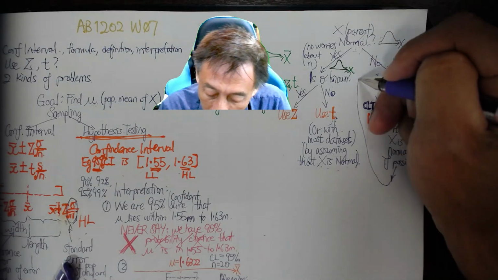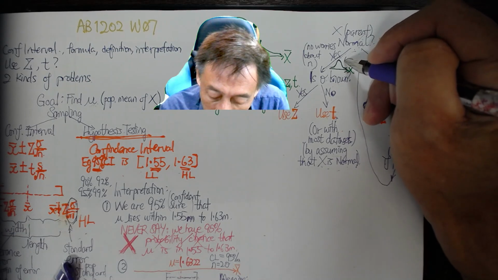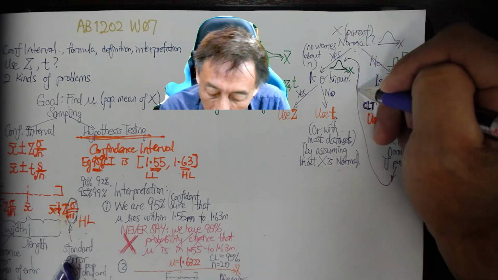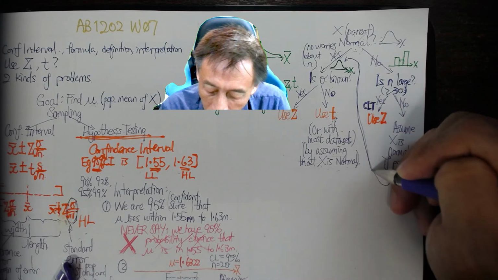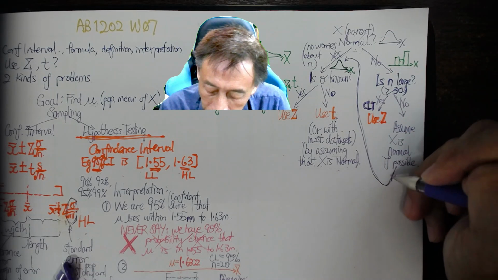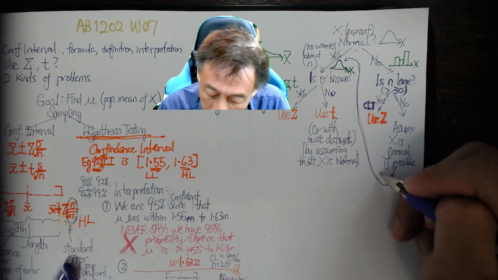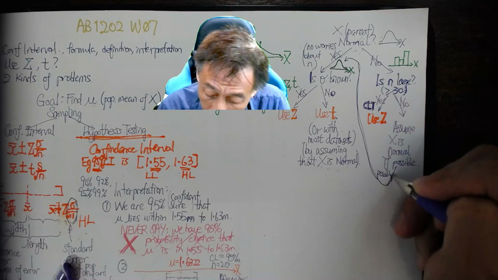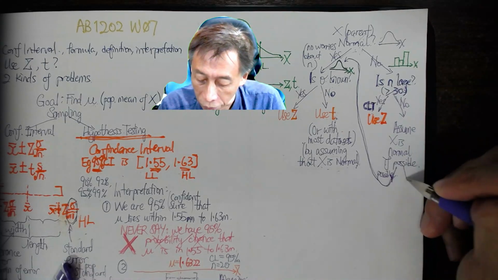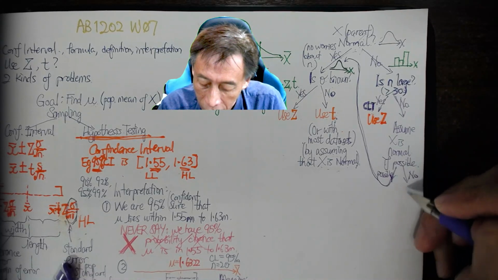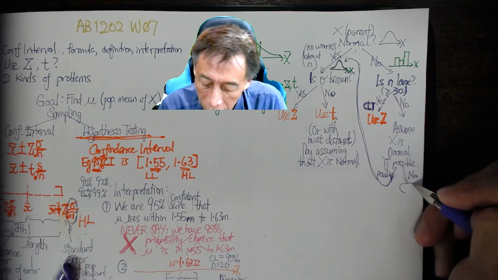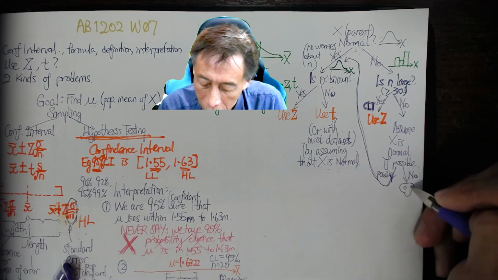So it may be that we use Z or we use T depending on whether sigma is known or not. So possible, right? And if no, then we are dead. Very dead.